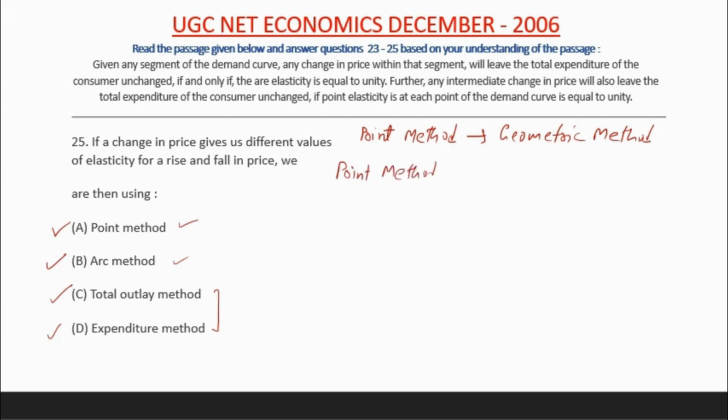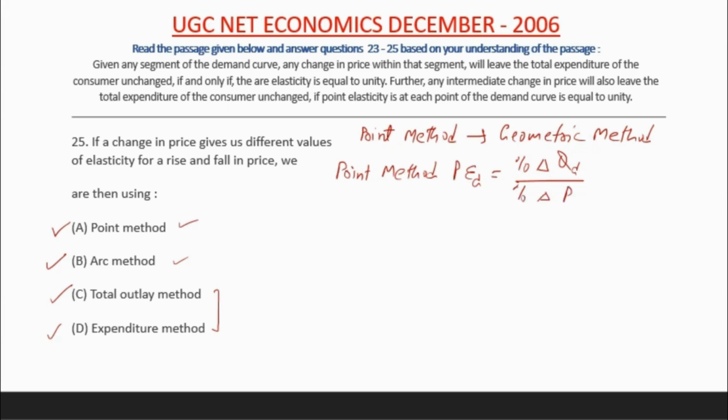Although in the geometric method the formula is the same, we use it in a geometric form. But in the point method, as per the Mankiw and Taylor book, ED is equal to PED, price elasticity of demand, which is basically percentage change in quantity demanded divided by percentage change in price.